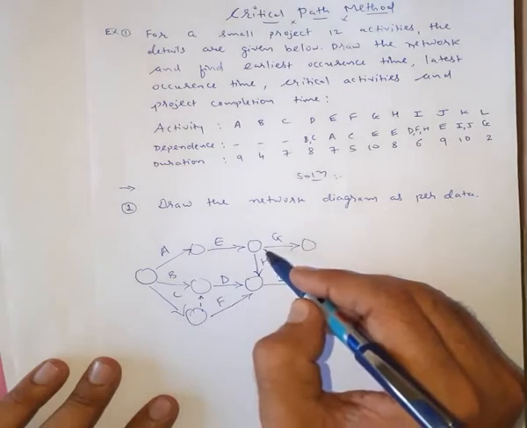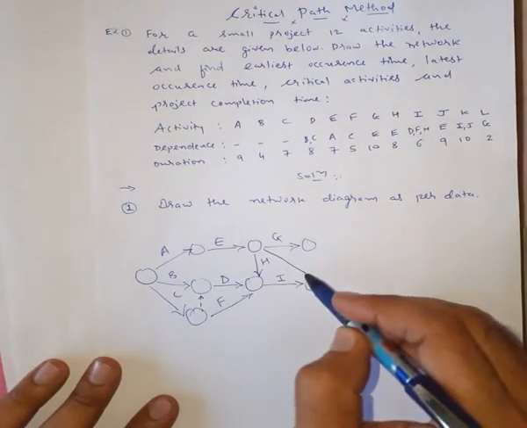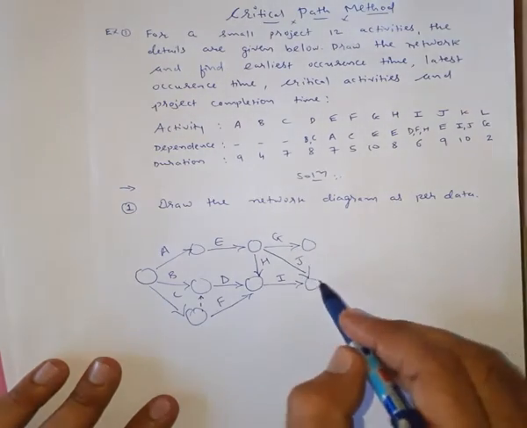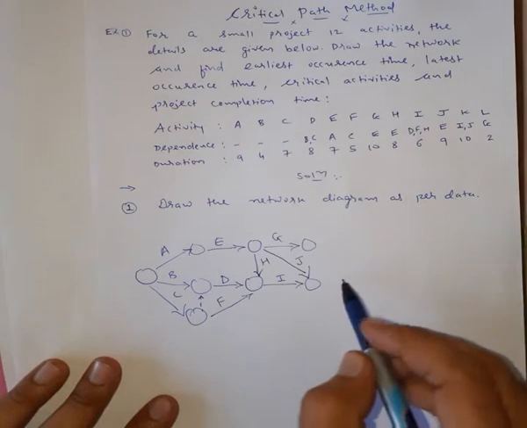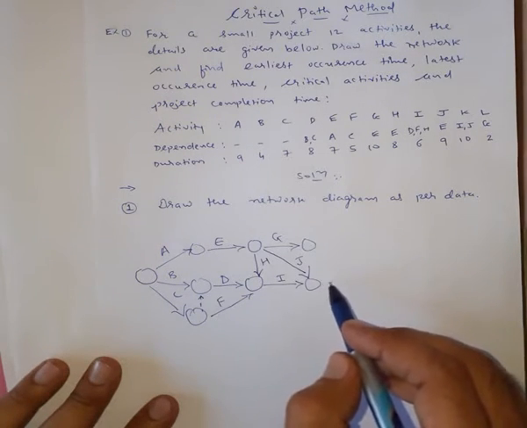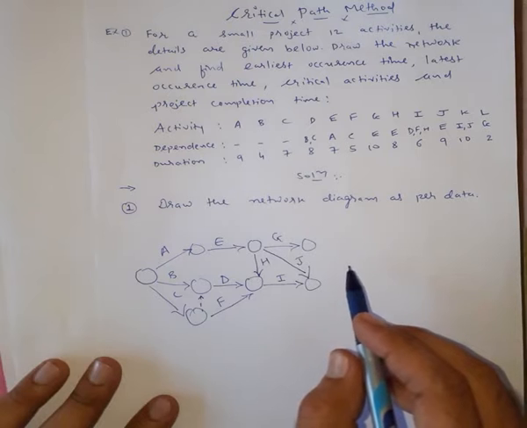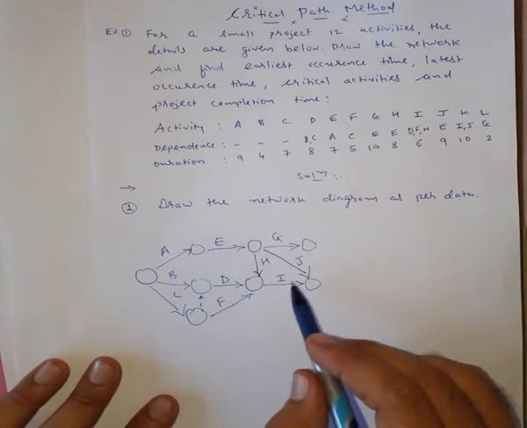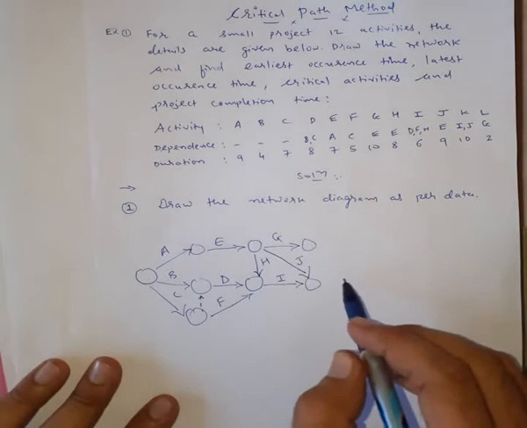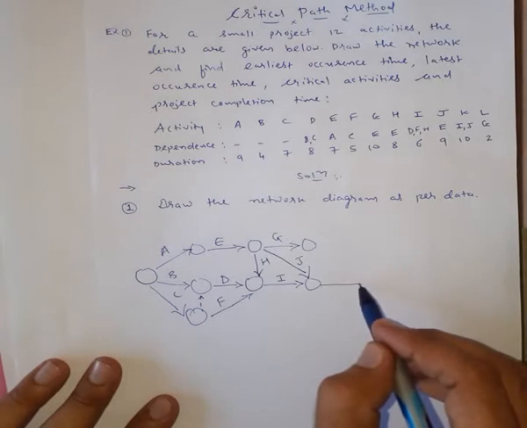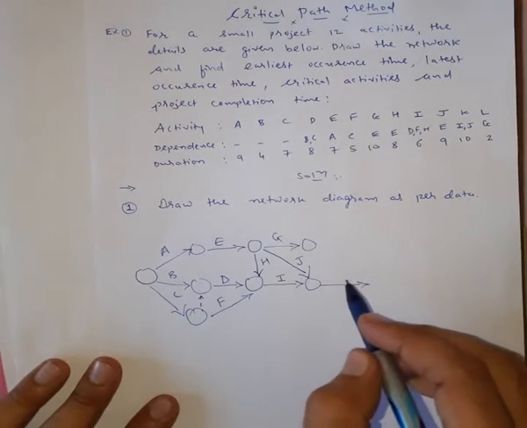I can extend J from activity E, and at the same time the purpose of activity K is also served, because it shows that as per the data, after the completion of activity I and J you can start activity K. So this is activity K.